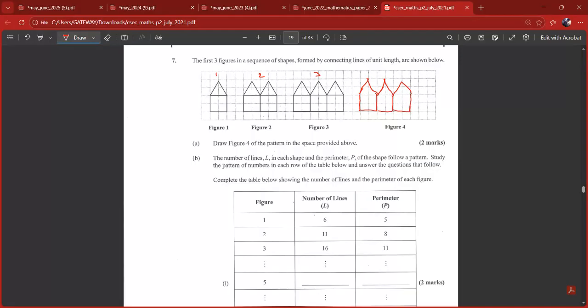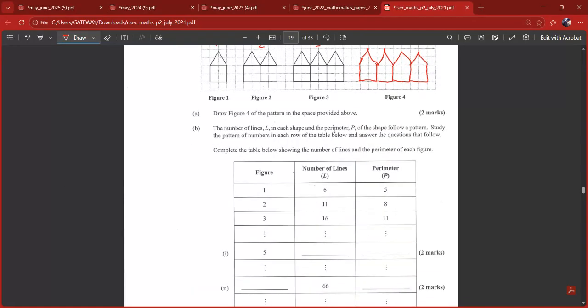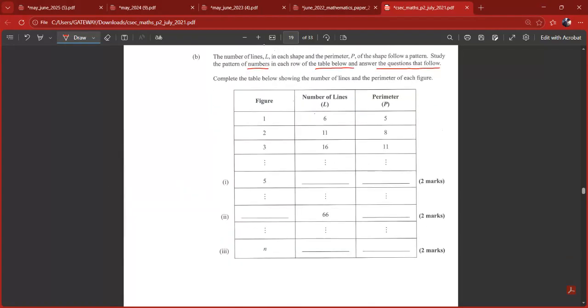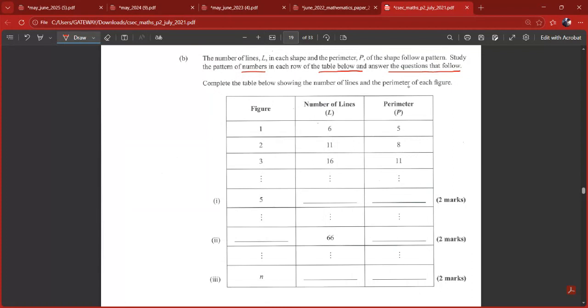Third one. Fourth one. Right? They say the number of lines in each shape and perimeter of the shape follow a pattern. Study the pattern of numbers in each row of the table below and answer the questions that follow. So I have to complete the table below showing the number of lines and the perimeter of each figure.